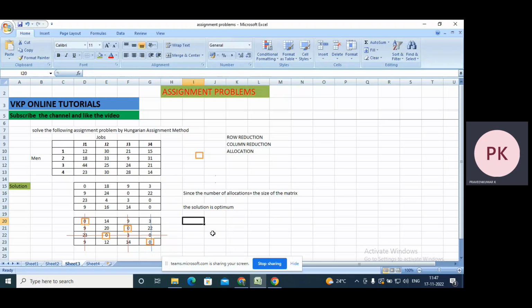We need to find the optimum solution. And look at the allocation, optimum allocation.